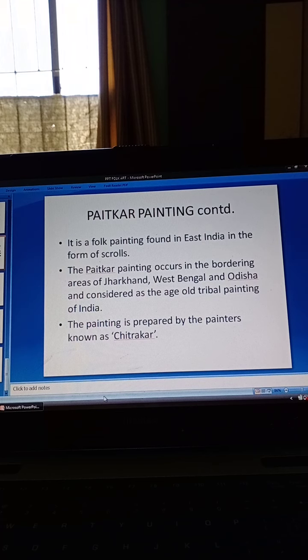The Petkar painting occurs in the bordering areas of Jharkhand, West Bengal, and Orissa, and is considered as the age-old tribal painting of India. And the painting is prepared by the painters known as Chitrakar. That is, the painters who make this Petkar painting, they are known as Chitrakar.